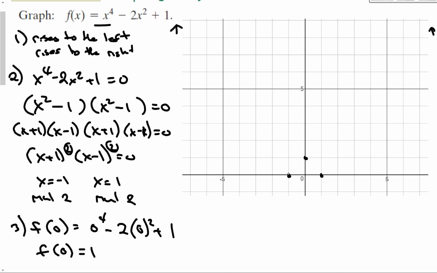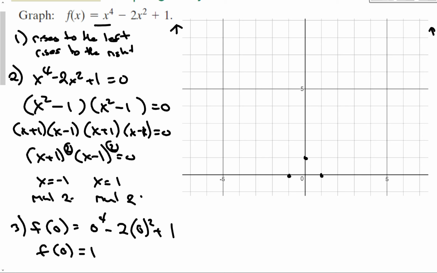And then at these two zeros, because they have a multiplicity of 2, the graph is going to touch the x-axis and go the other direction. And it's going to end up going up on both sides. So I can kind of guess that it's going to look kind of like that. But that's a little ugly.